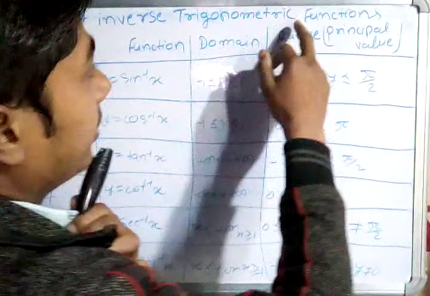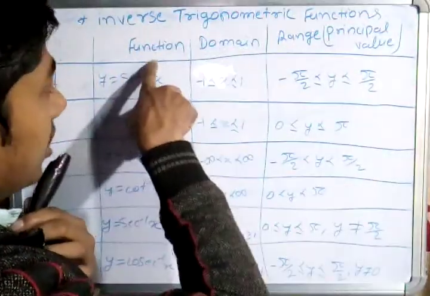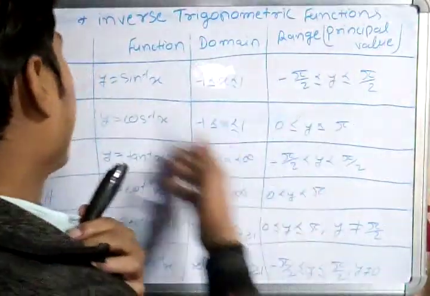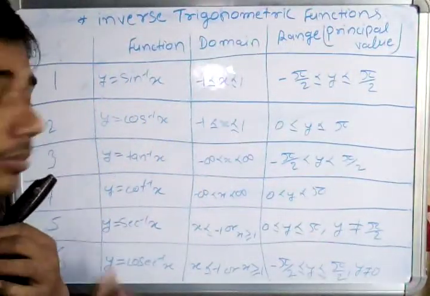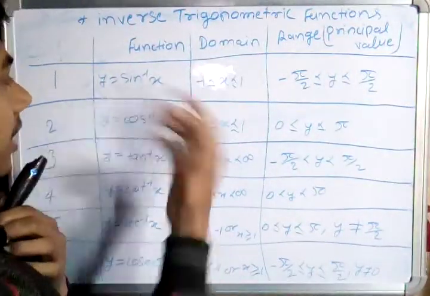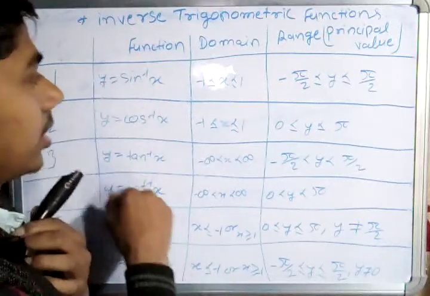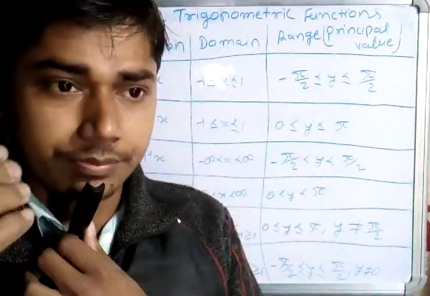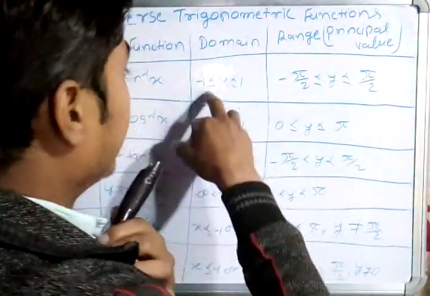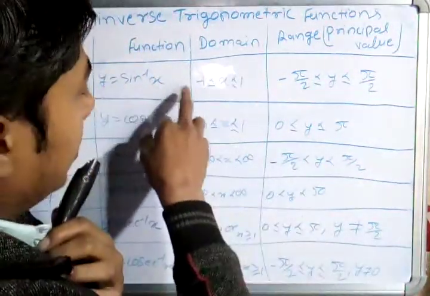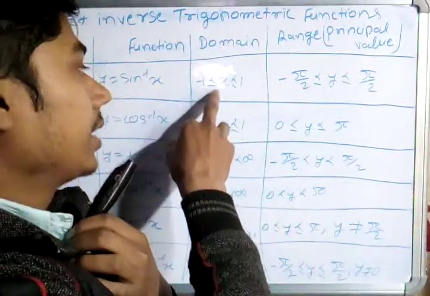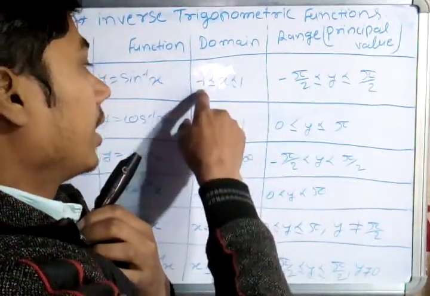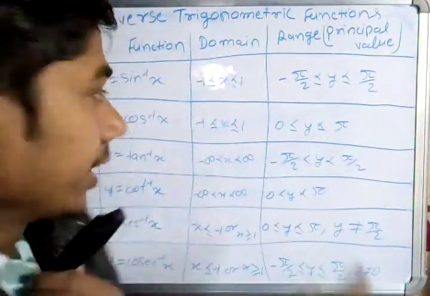Inverse trigonometric function, domain, range, and serial number. So the function, let y is equal to sine inverse x, which has the domain minus 1 less than or equal to x less than or equal to 1, minus 1 to 1.